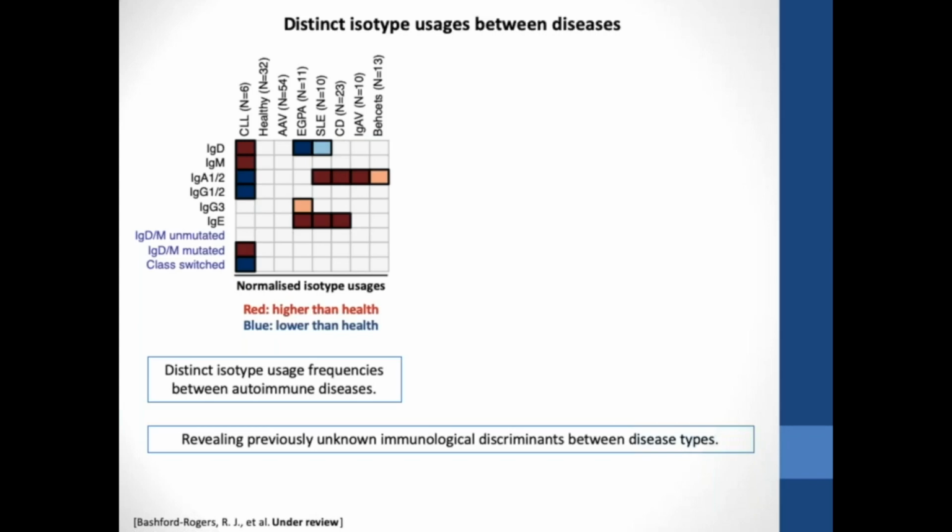However, in our immune-mediated diseases, we see some strong patterns of isotype usages that are different to health, and some of which are revealing previously unknown immunological discriminants between disease types.